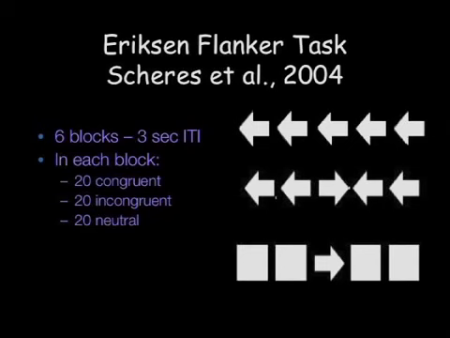And in part, that has to do with a standard Eriksen flanker task in kids with ADHD, where they're told just to pay attention to this arrow in the middle and ignore the others. But sometimes the arrows are all pointing in the same direction, other times they're conflicting, and other times there's just a rectangle that doesn't give you any information.